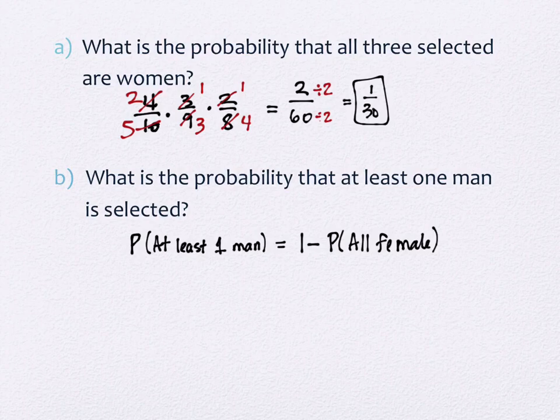But even if we hadn't already calculated it, we'd only need to calculate one branch, right? So if we even had to go back to the part A and do that all over again because that wasn't the original question, we would have ended up getting that this is 1 over 30. And we would do 1 minus 1 over 30. So what is 1 minus 1 over 30?